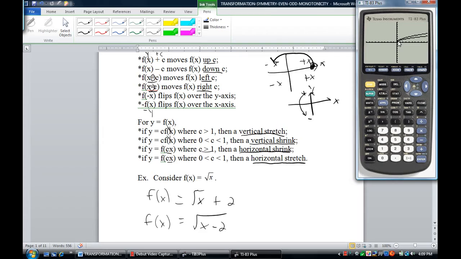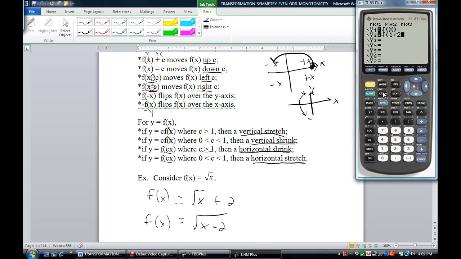It's not as horizontal as it used to be. It shrunk it horizontally, made it more vertical, which means it shrunk it horizontally. So what we're going to say then is, since the 2's with the x inside the square root, it's a horizontal shrink. Yeah, it's kind of confusing, I know. But that's just the way it is.